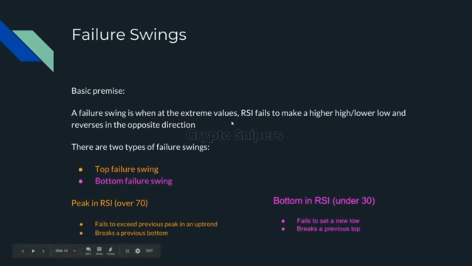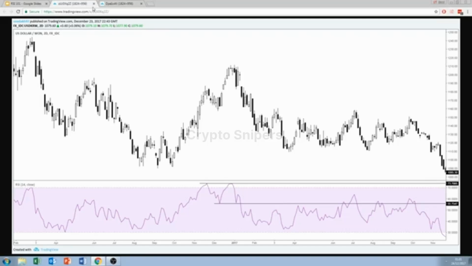These are our criteria, which we're going to refer to. So this is a top failure swing on the US dollar and Korean won. So, as we know by our criteria, the setup needs to take place at an extreme value. Price makes a high, it retraces and paints this low.